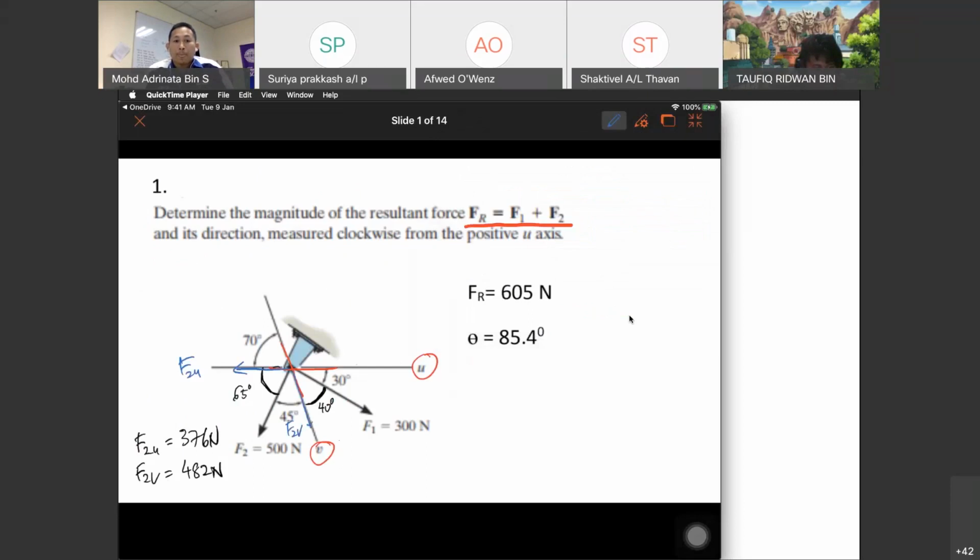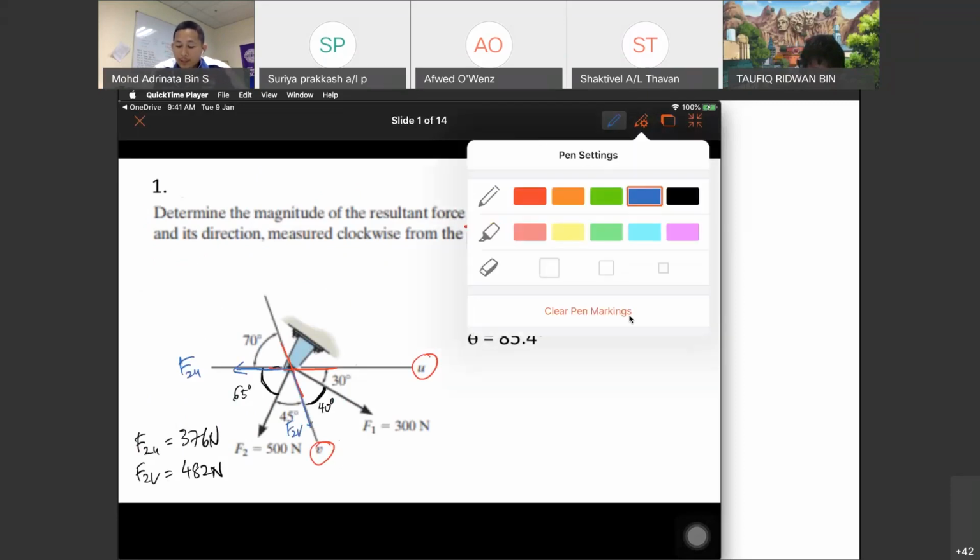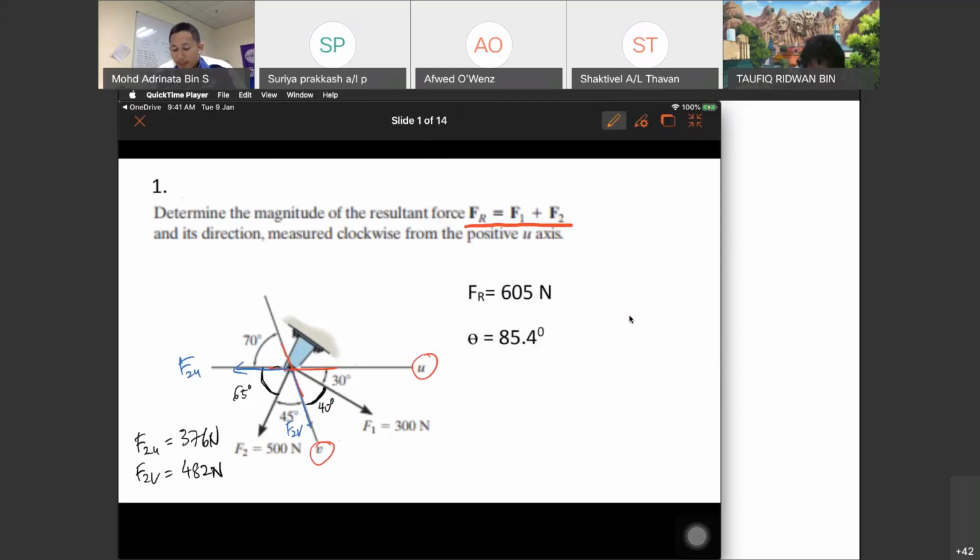Then we need to find our F1U and F1V. So what we have here is, this is our F1, then this is our triangle, F1U, F1V, and this is 300 Newton.